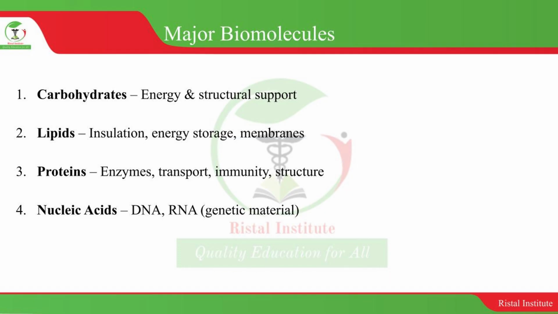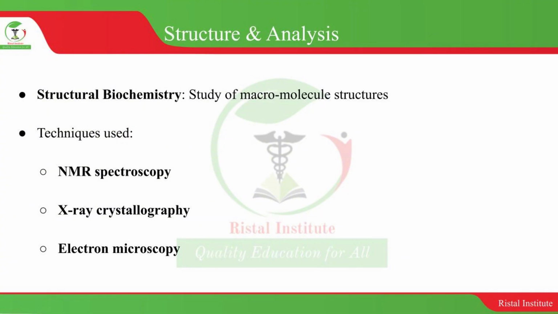Structural biochemistry is a branch of biochemistry that looks at the structure of these macromolecules. We can look at these molecules using different technologies. We can use nuclear magnetic resonance, we can use X-ray crystallography, and we can also visualize these molecules using the cryo-electron microscope.